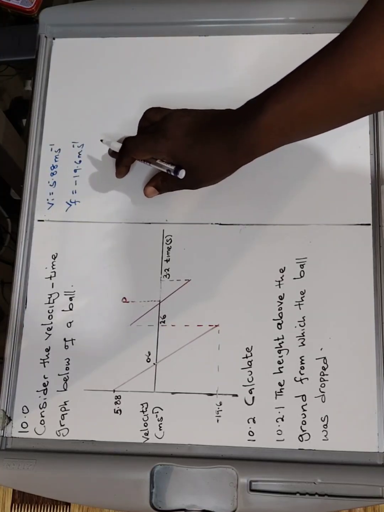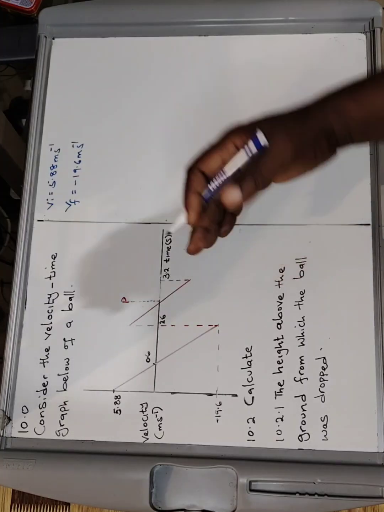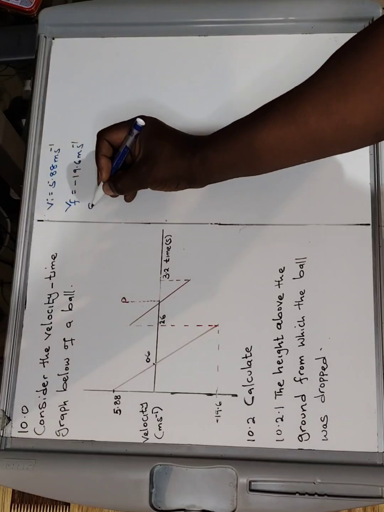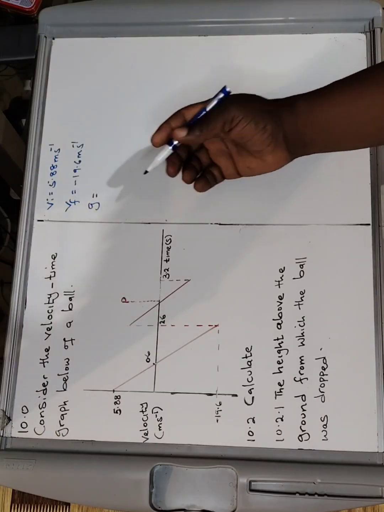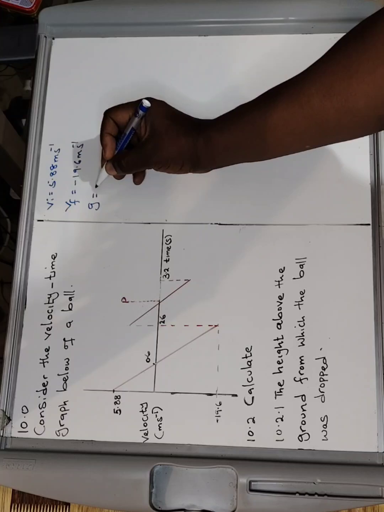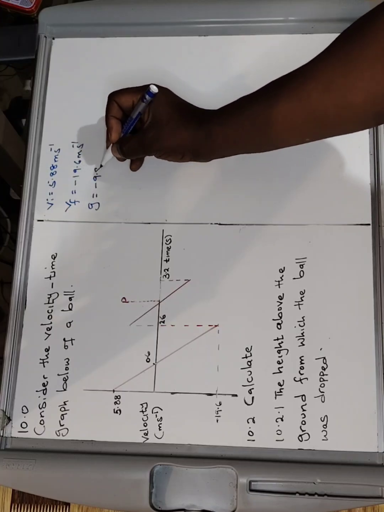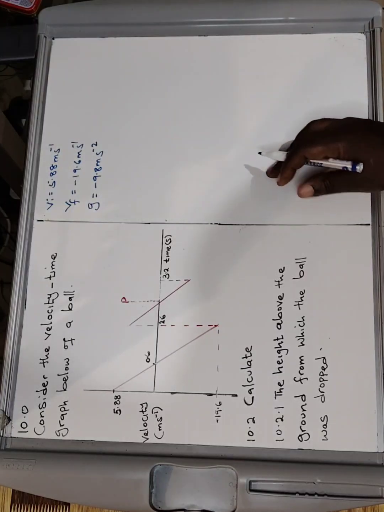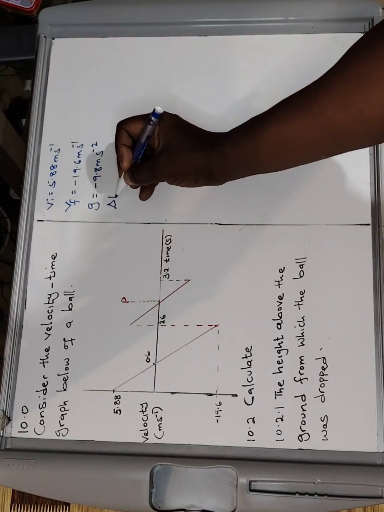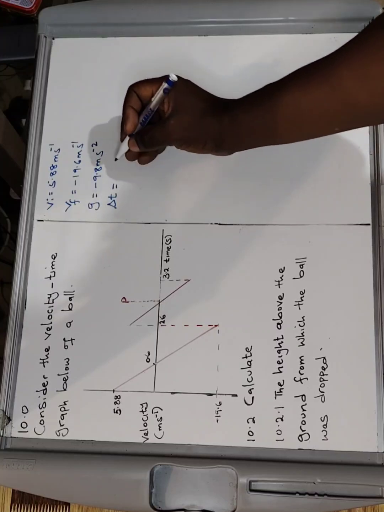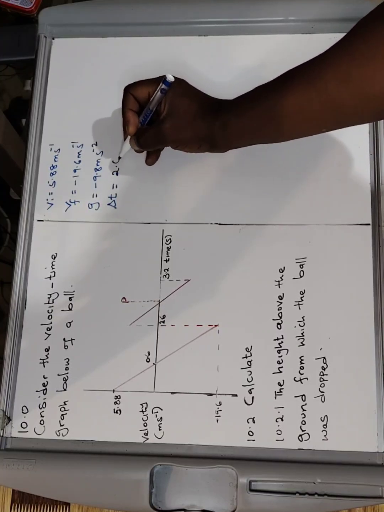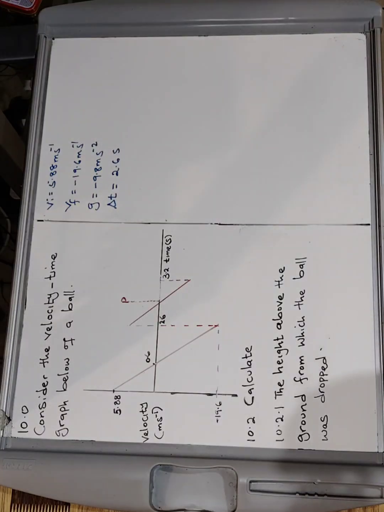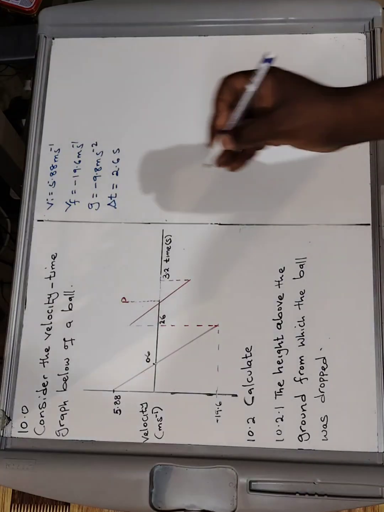Negative comes up as a result of choosing upward as positive. I have g, the ball was initially projected upward, so it's going to be negative 9.8 meters per second squared. I have the time, so the data is simply too much. The entire journey took 2.6 seconds. So what am I looking for? They want the displacement.